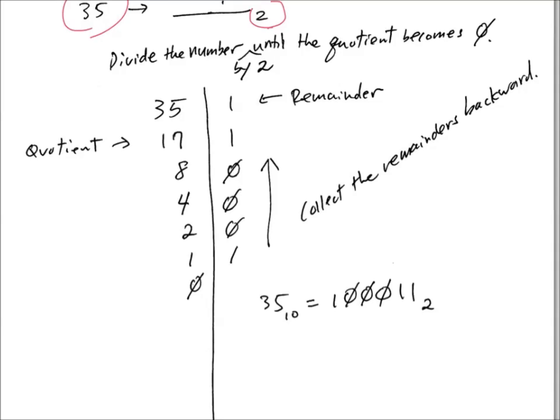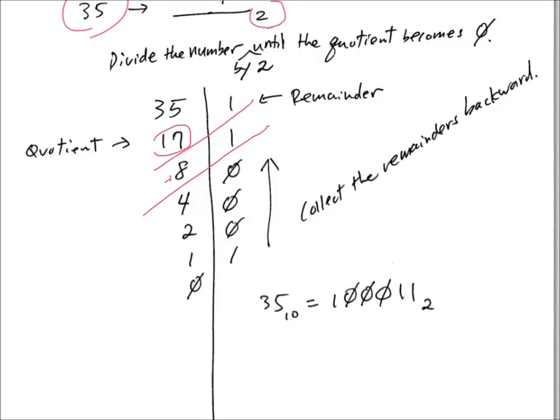Okay, so like 35. If you divide 35 by 2, the quotient will be 17, and the remainder will be 1. If you divide 17 by 2, the quotient will be 8, and the remainder will be 1.